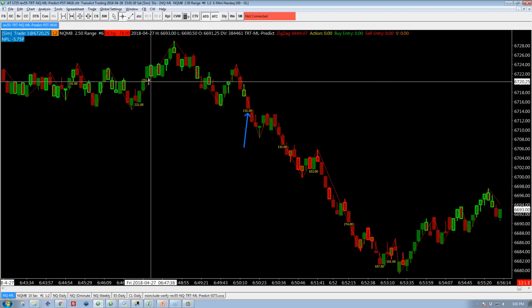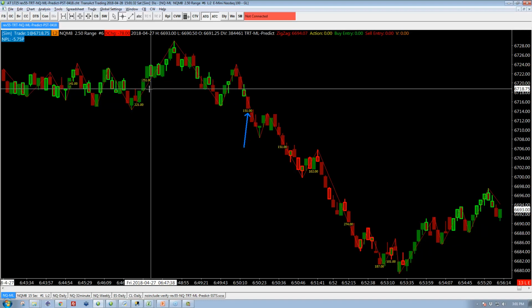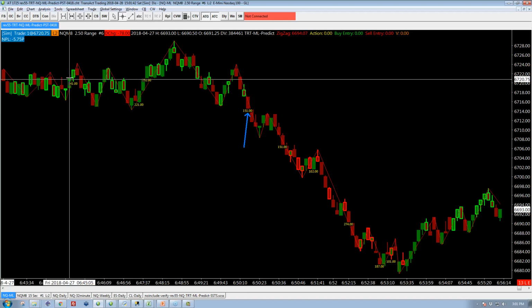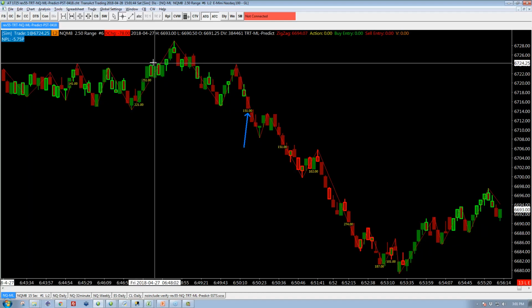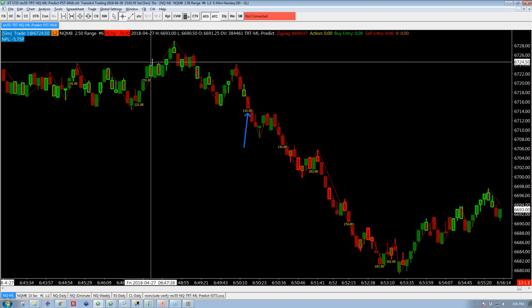Not get long or get short on this bar. It's give me a prediction on this bar. That prediction will be get long, get short, or do nothing. And how you respond to that is up to you. If you're expecting this behavior to be a long and your prediction is short, you've got to decide what you're going to do about that. Maybe you exclude it, maybe you go for it. I don't know. It depends on what you're doing.